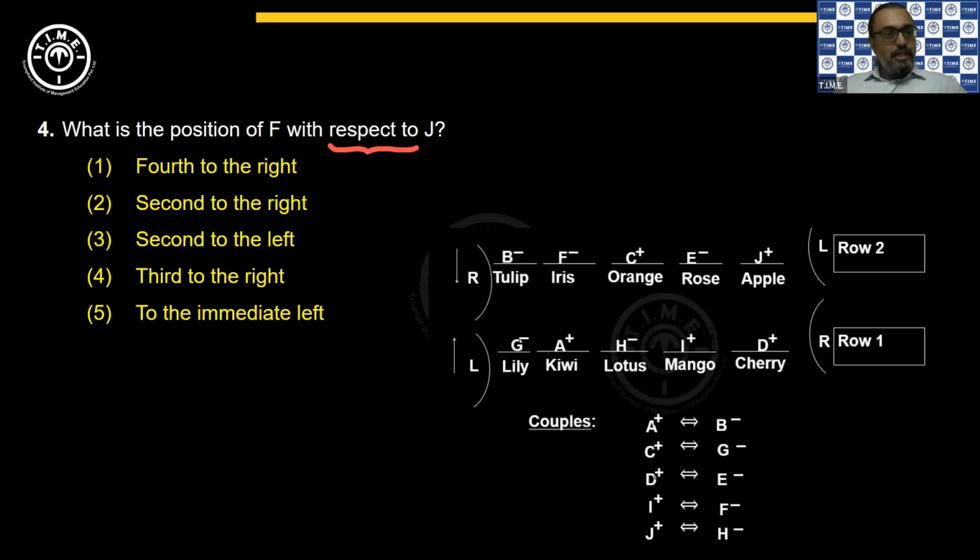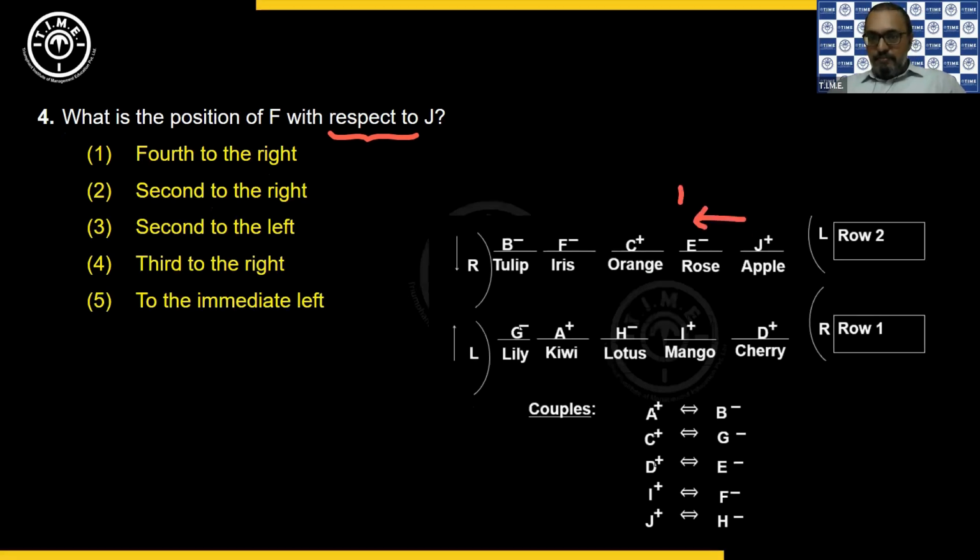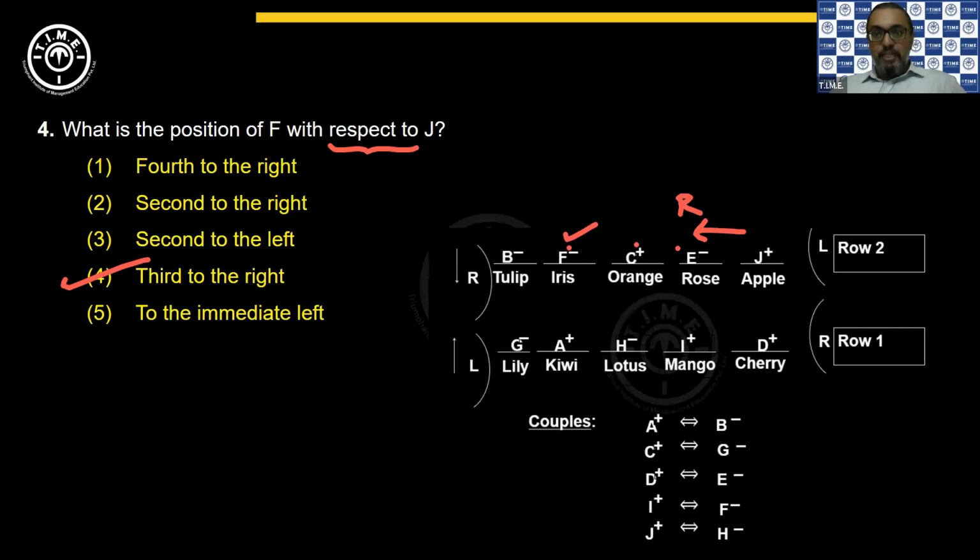Okay, great. So F with respect to J, it is definitely on the right side. First, second, third. Yes, it is third to the right. You will get option 4. Good. That is the right answer. Niveda, yes, it is option 4, correct. Please be careful with the left and the right.